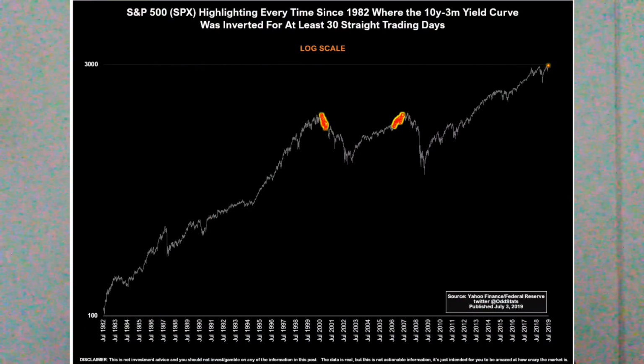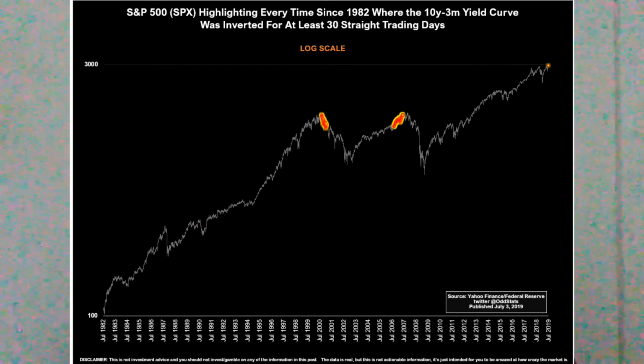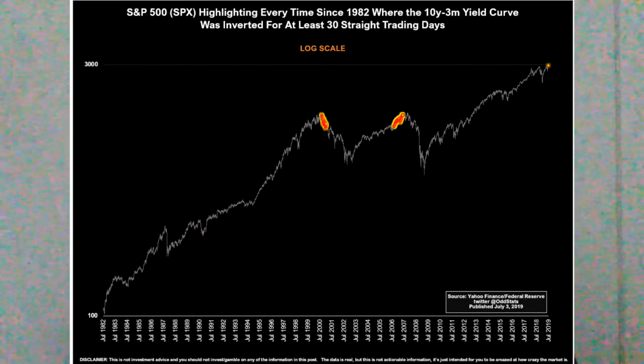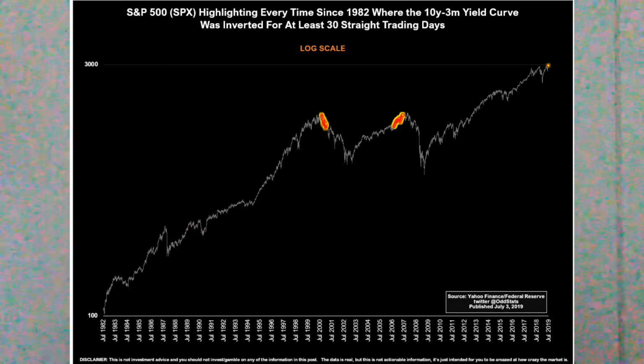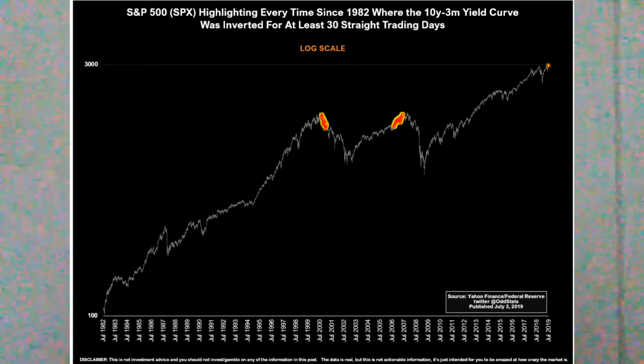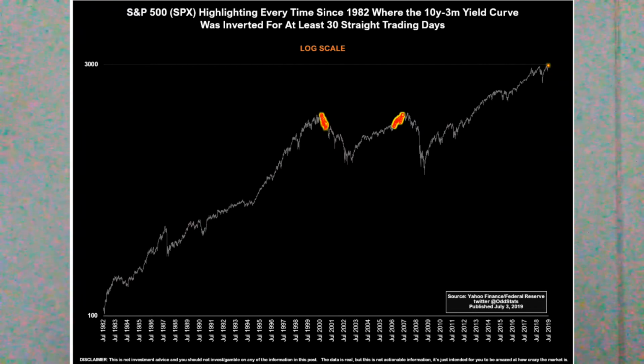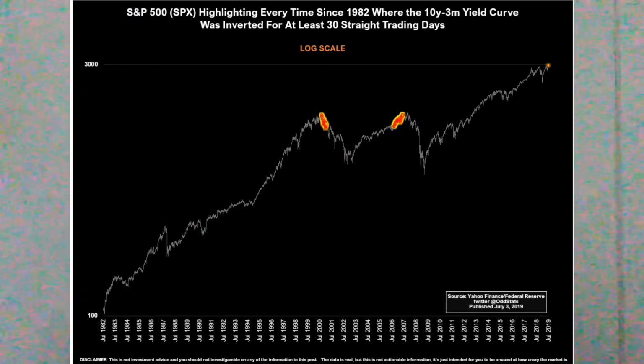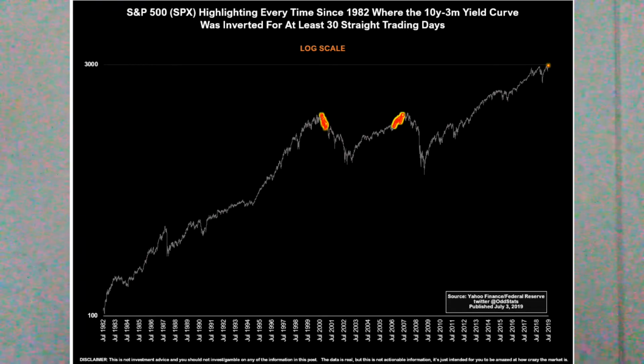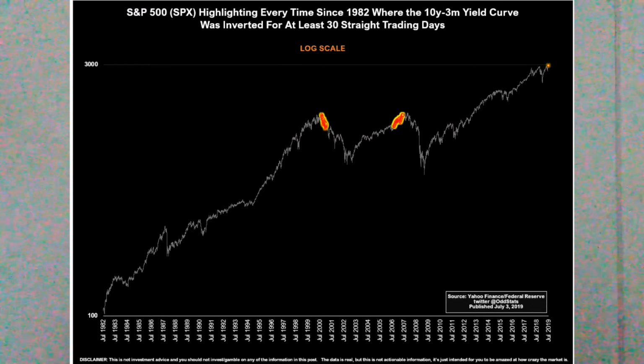First, the yield curve. I'm going to overlay a chart here from Bespoke Investment with the last two times that the 3-month 10-year yield in the US has been inverted for at least 30 trading sessions, because I believe it was yesterday that for this cycle, this is the 30th straight trading session where the 3-month Treasury bill in the US has a higher yield than the US 10-year Treasury bond, hence the inversion.